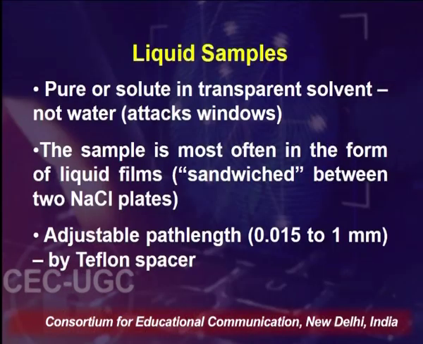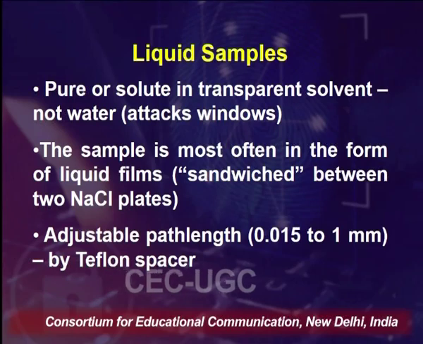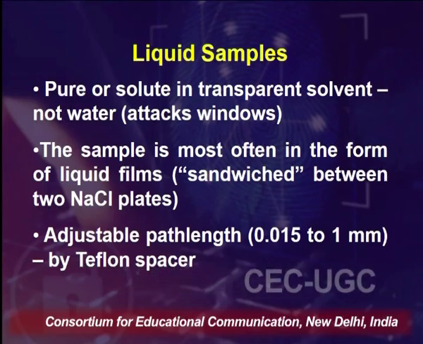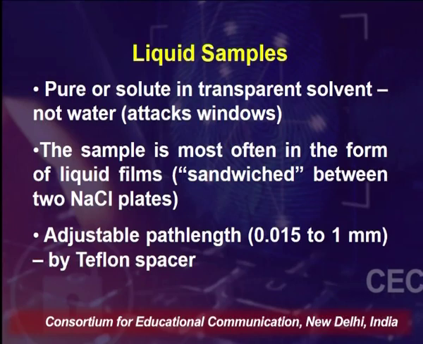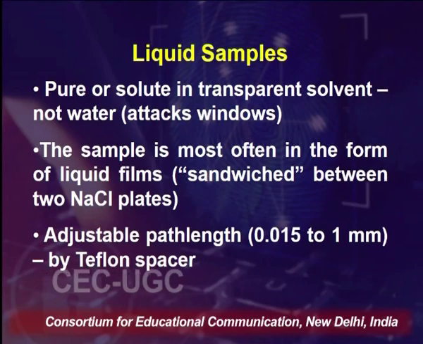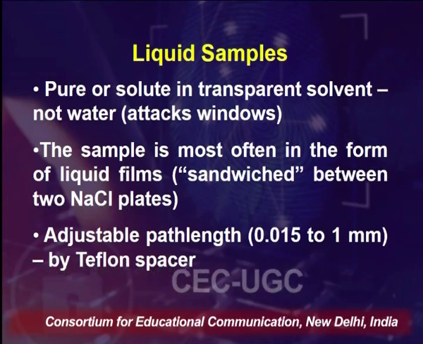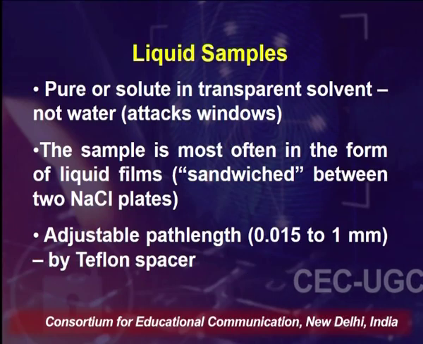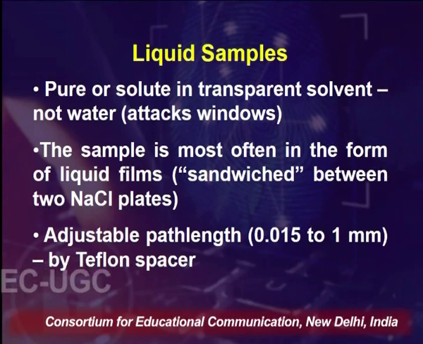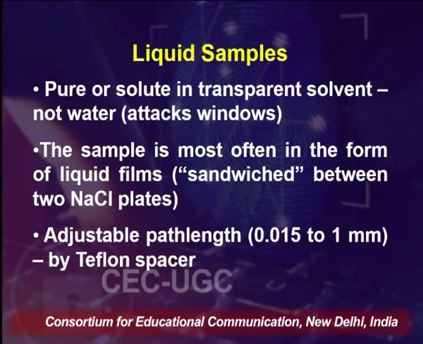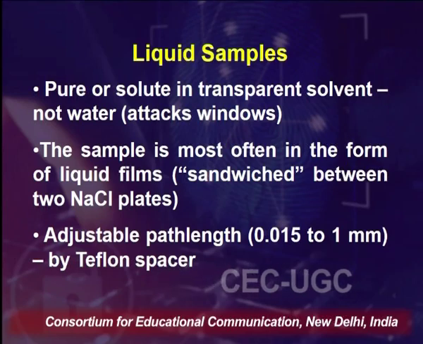As we have studied in UV visible spectroscopy, Beer-Lambert's law, absorbance is equal to epsilon C l, where we can get the absorbance, which gives the quantity through the concentration and the path travelled by the light. So if we know that path length, then we can quantitatively determine the concentration of the samples present, which we are analyzing using IR spectroscopy.